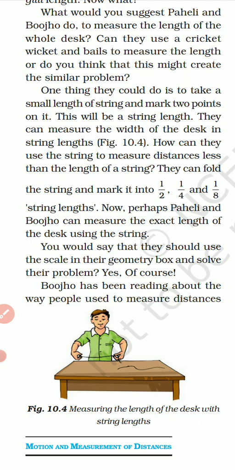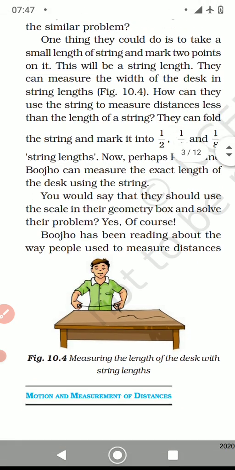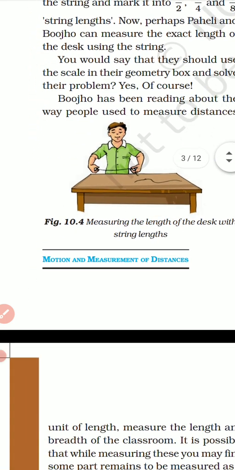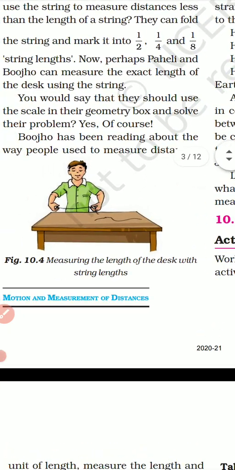They can hold the string and mark it into 1/2, then 1/4 and 1/8 string length. Now, perhaps Paheli and Bujo can measure the exact length of desk using the string. So children, you can use the string, mark it, and then make it half, and half of the half, and half of the 1/4, like that.